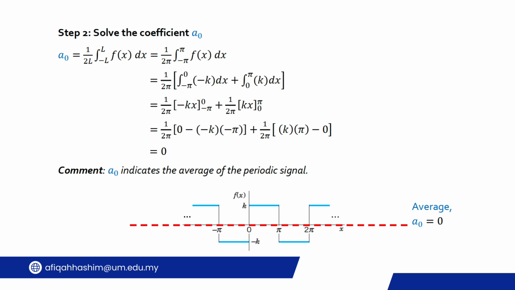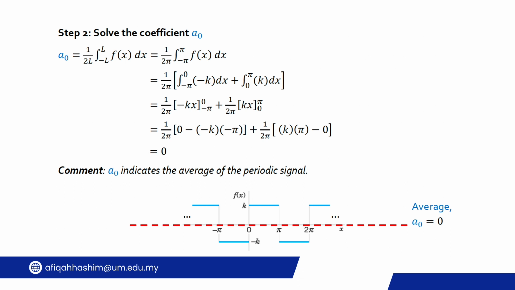So you just integrate. This k becomes kx, then substitute 0 and negative pi, and then bring out the 1 over 2 pi, and integrate k to become kx, substituting pi and 0. At the end you will get the value of the integration equal to 0.